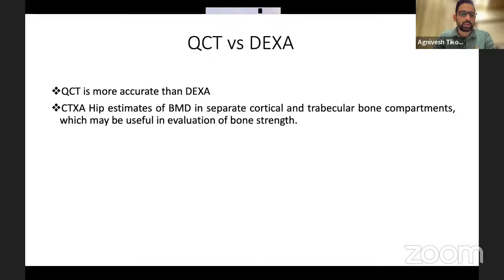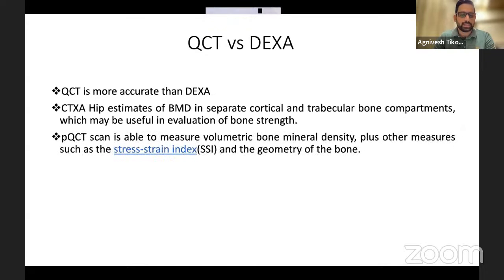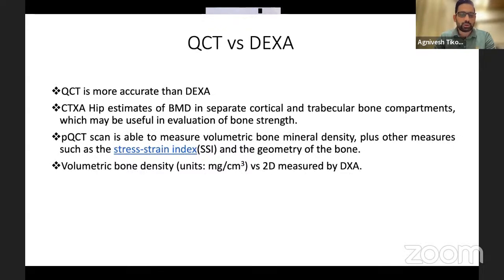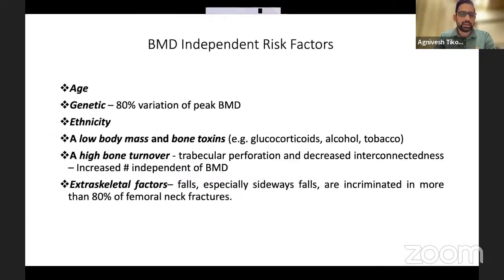Like if you want to know the bone density of a trochanteric area, you can directly measure that volume and know what the bone density is at that level. It is also shown to be better predictive of fracture probability than bone density. The problem is that it is not available everywhere.